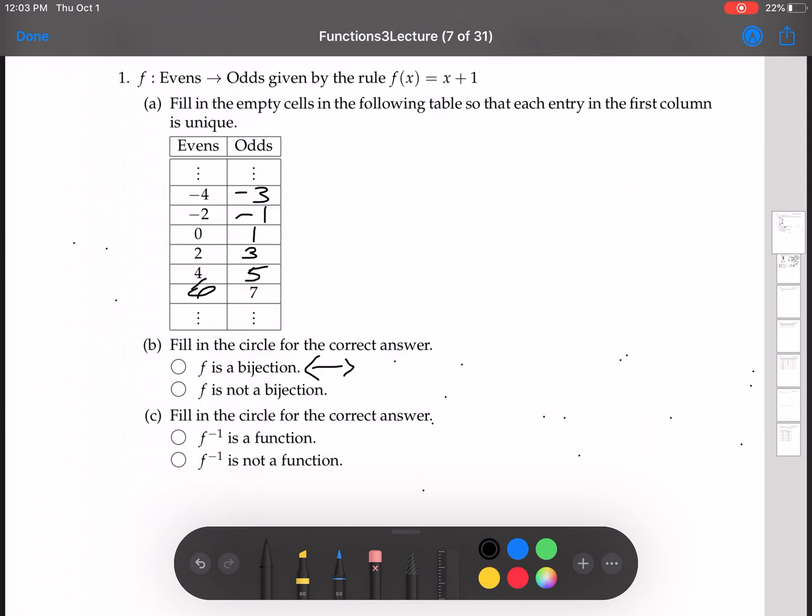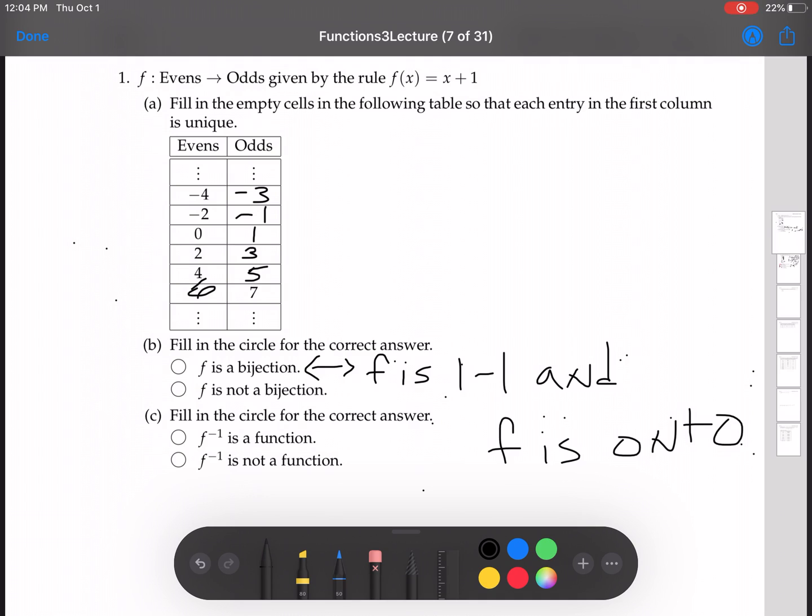These are equivalent ideas. So f is a bijection if and only if f is 1 to 1 and f is onto. So a function is a bijection if and only if it is 1 to 1 and onto.